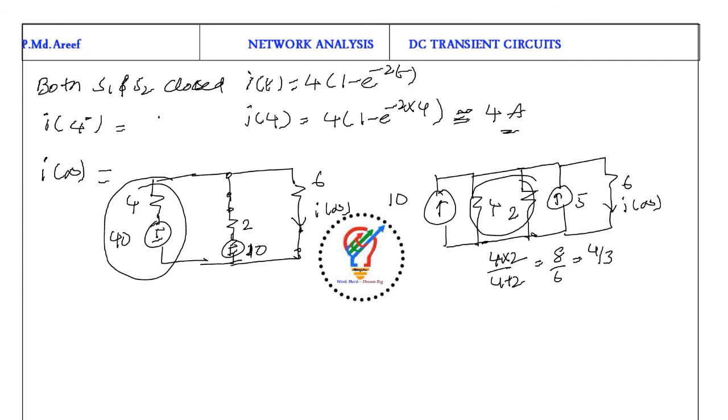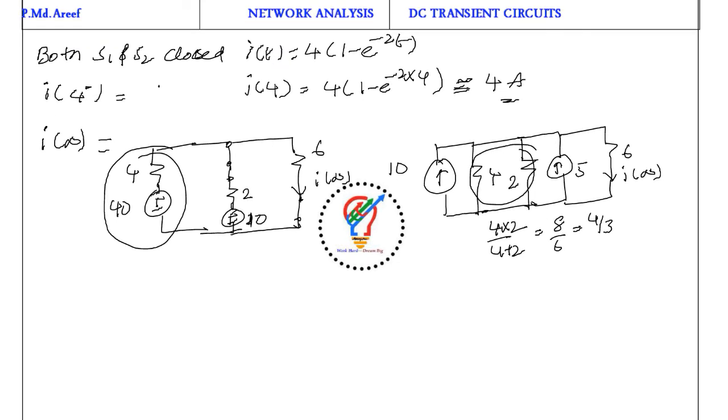The 10 amperes current and the 5 amperes current are both flowing upwards, so we can combine them together as a single source of 15. The next one is the resistance 4 by 3, and here 6 ohms. I need to find I of infinity.